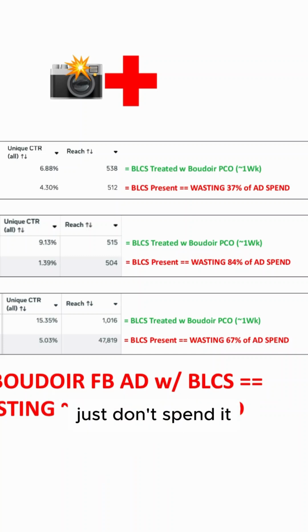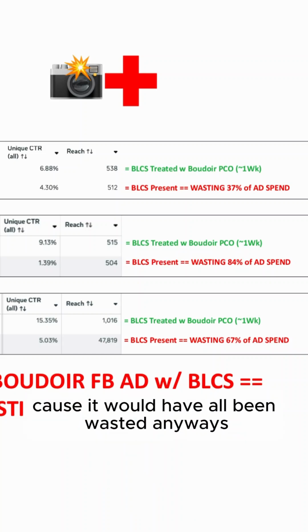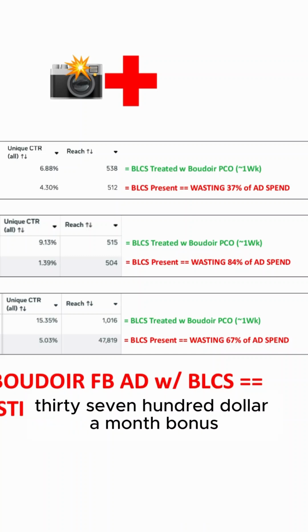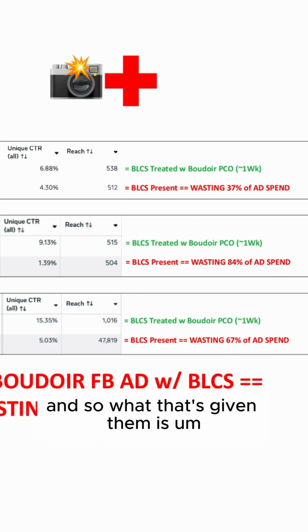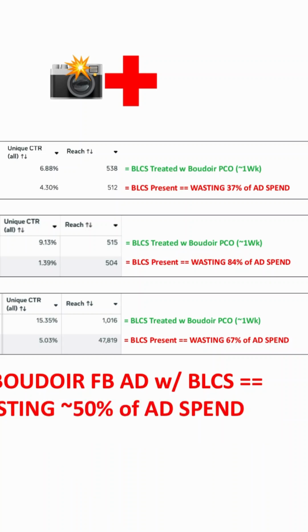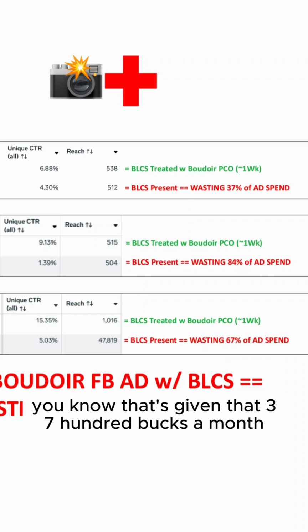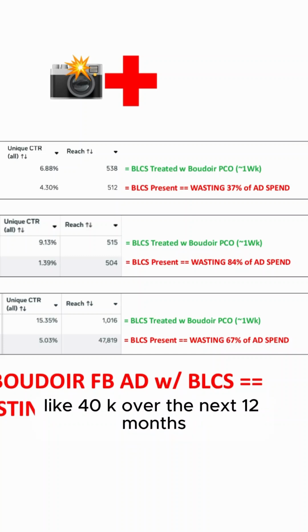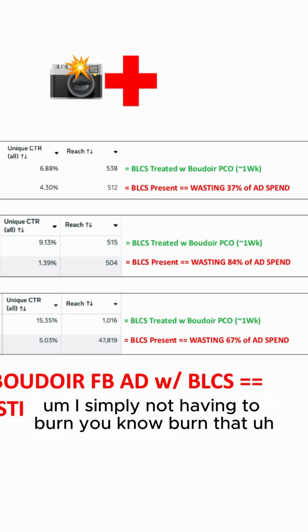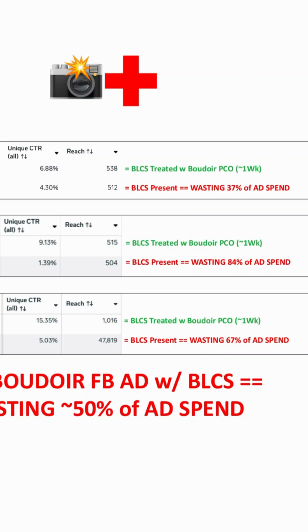They just don't spend it because it would have all been wasted anyways. A $3,700 a month bonus, which is actually like $40K over the next 12 months, by simply not having to burn that cost.